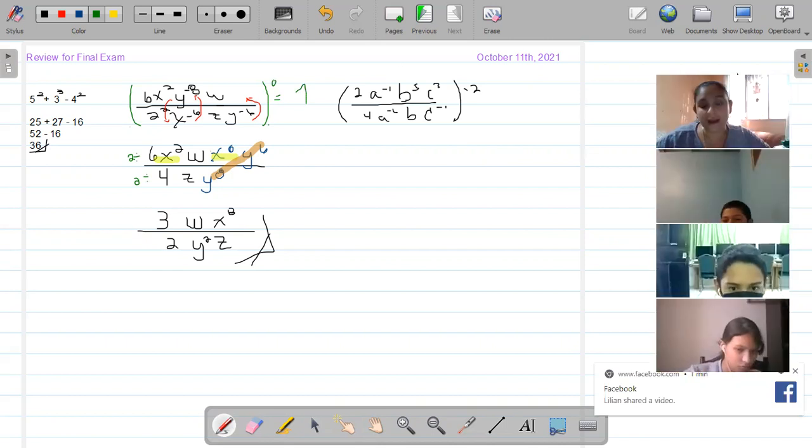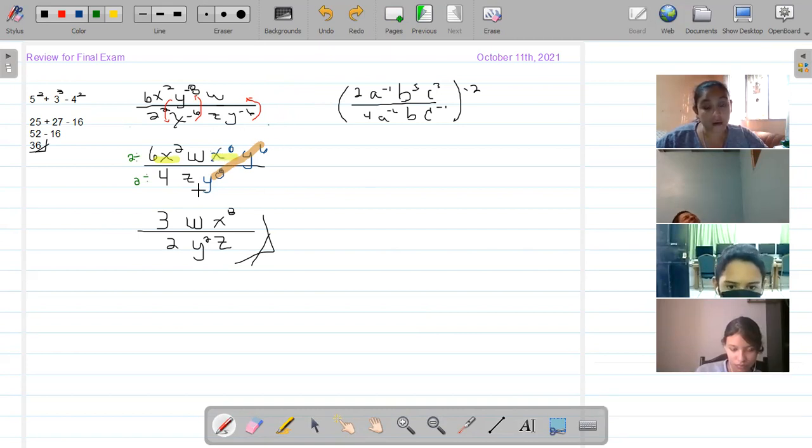Because anything to the 0 power will always be 1. But since we didn't have that exponent 0 in there, this is my final answer. Remember, same variables on the same side of the fraction, you add the exponents. Same variable in opposite sides of the fraction, you subtract the exponent wherever the exponent is greater.